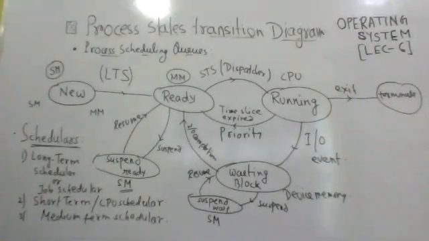Somewhere it is also written that which process will be picked is decided by the short-term scheduler, and then the short-term scheduler will call the dispatcher, and the dispatcher will pick the process from the ready state and put it into the CPU.